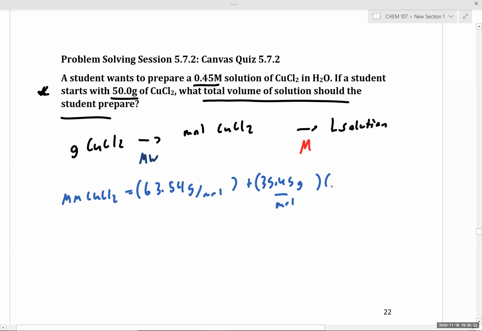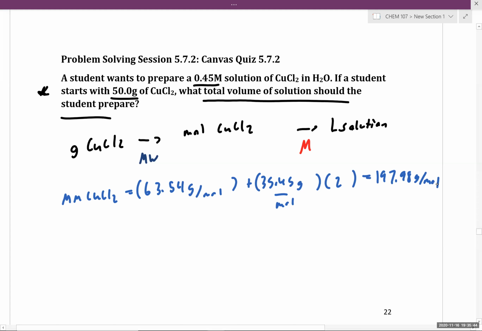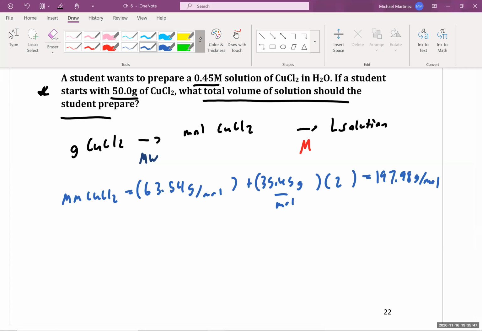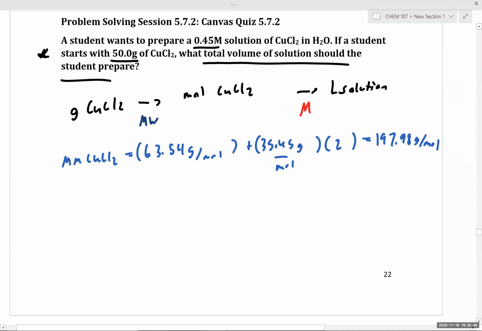And we know that we have 2 chlorine atoms. So punching this into our calculator, we have 63.54 plus 35.45 times 2 plus 63.54. And that gives us a molar mass of 197.98 grams per mole.